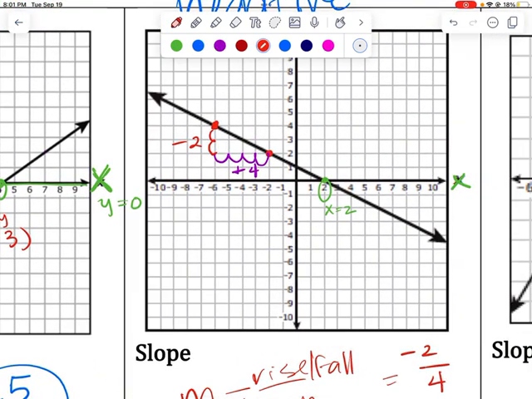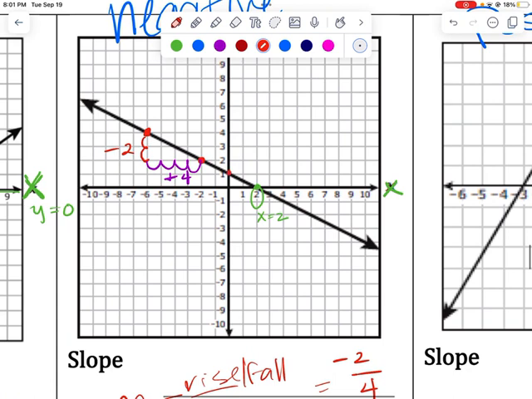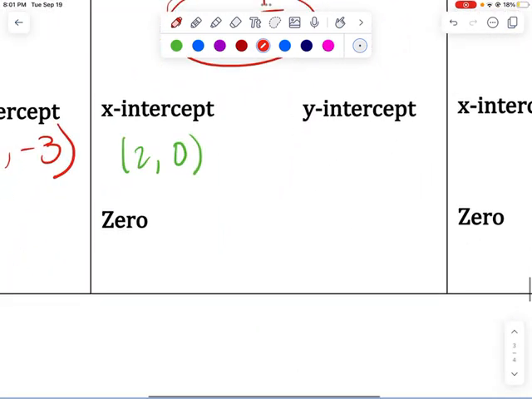My y-intercept is right here, where my y is equal to 1 this time. And for that part, it switches, right? X is always 0, and this one was 1. 0 means x equals wherever it crosses. So 2.